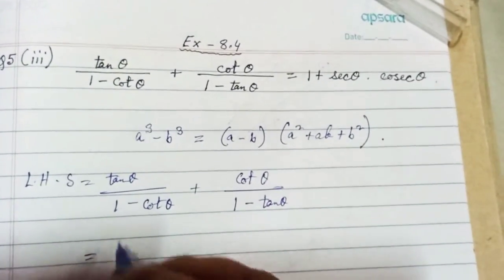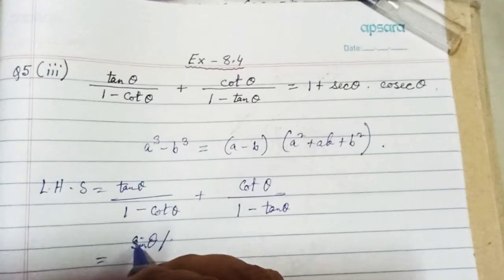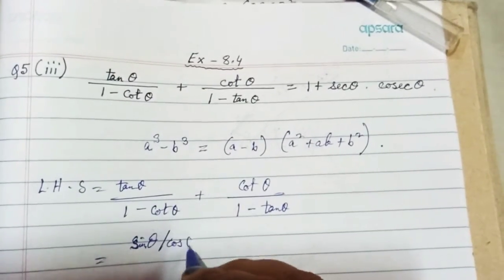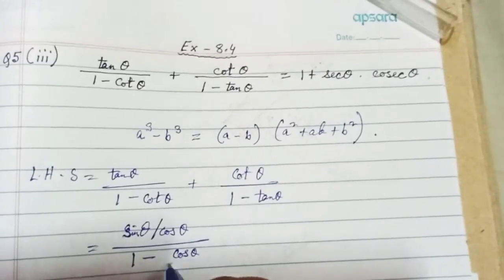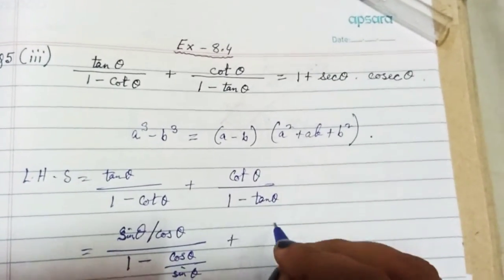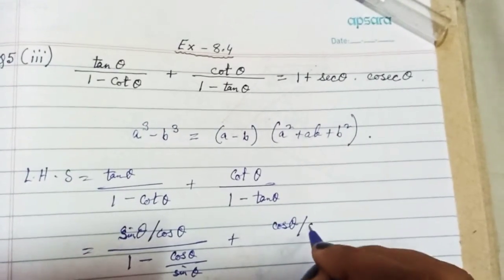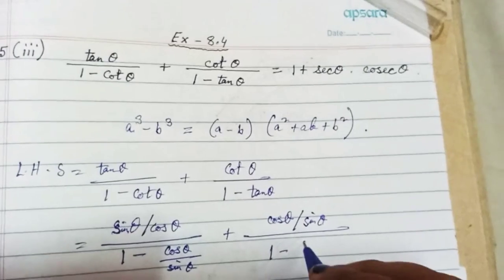So tan theta can be written as sine theta by cos theta, and 1 minus cos theta by sine theta, plus cos theta upon sine theta upon 1 minus sine theta by cos theta.